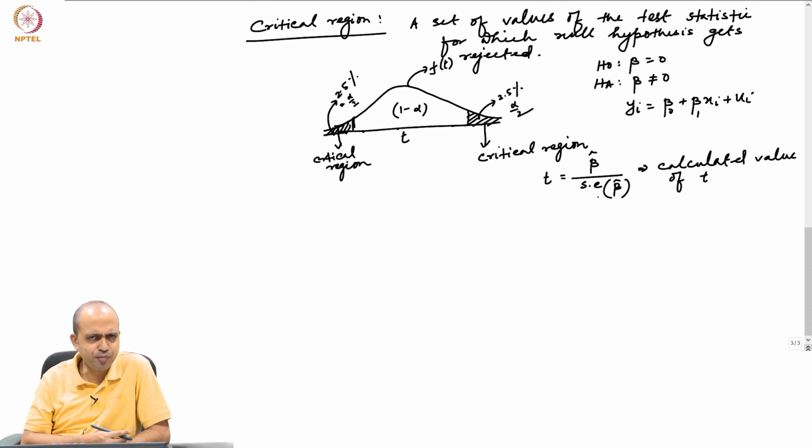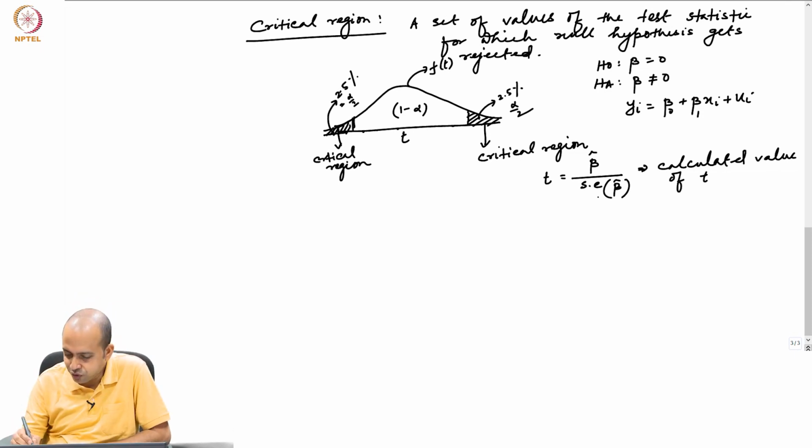Now, what will happen if our sample is not random? What happens for a non-random sample?